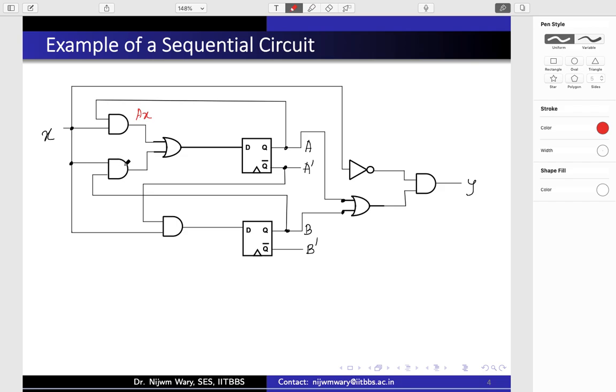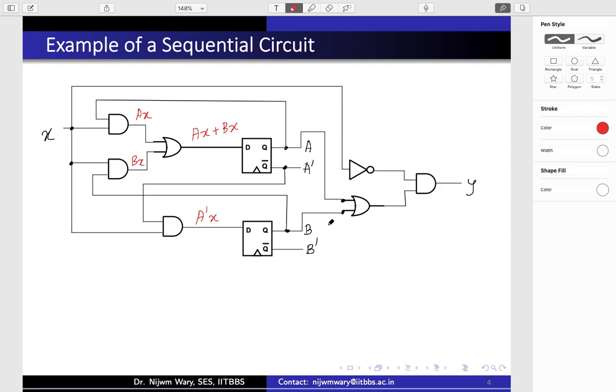I'm just trying to figure out what the inputs to this D flip-flop are. So here the input to this AND is B, so B and X. Here also A complement is coming, so A complement and then x. So now let's see, this is nothing but A x or B x.